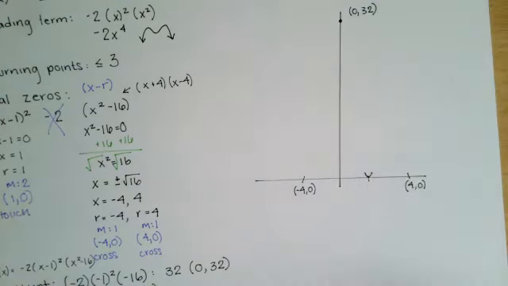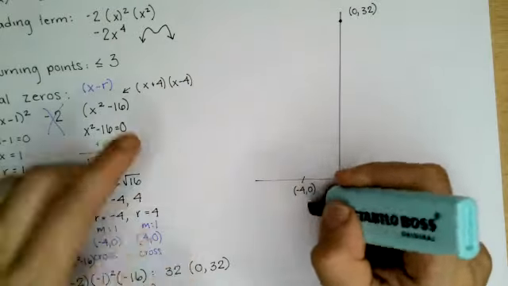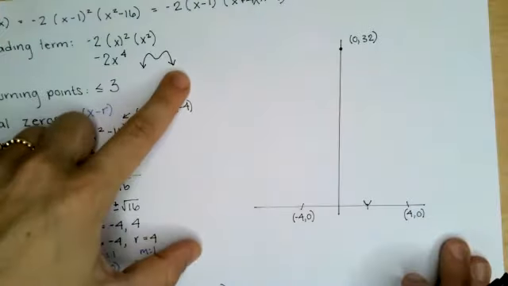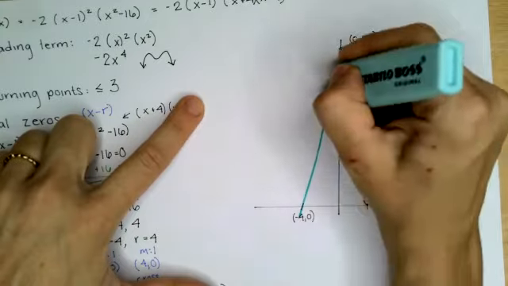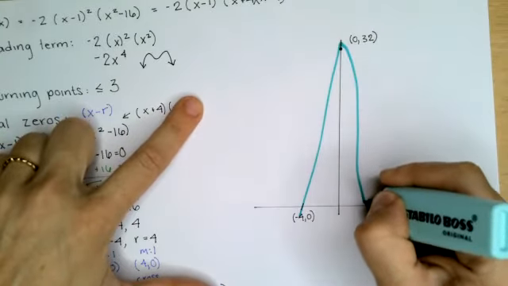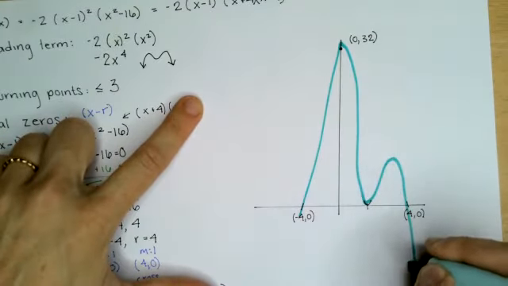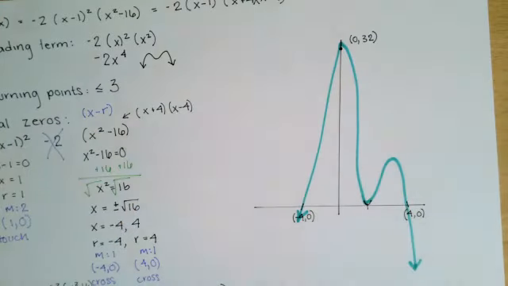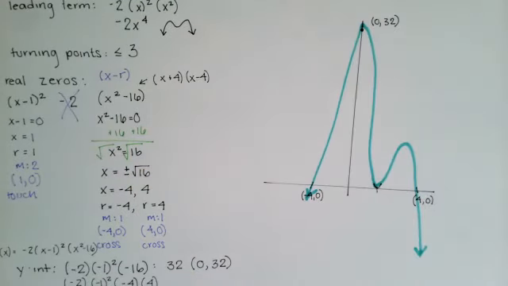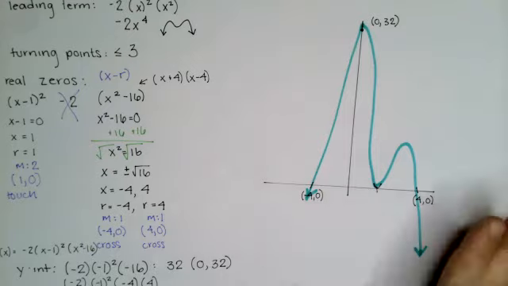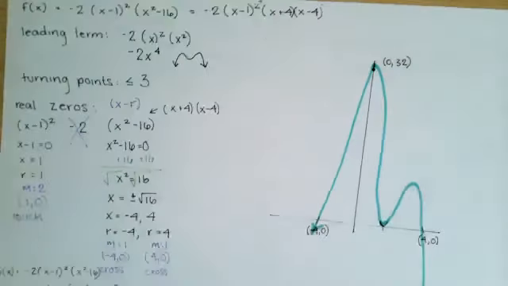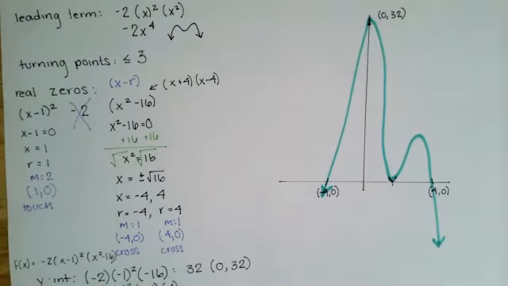Good. All right. And we know it opens down on both sides. It touches there, goes back down. Good. All right. So there are 3 turning points. Yes, there are 3 turning points. It crosses in all the right places. And you are welcome to go over to Desmos and make sure that your graph looks like the graph in Desmos. Let me stop.